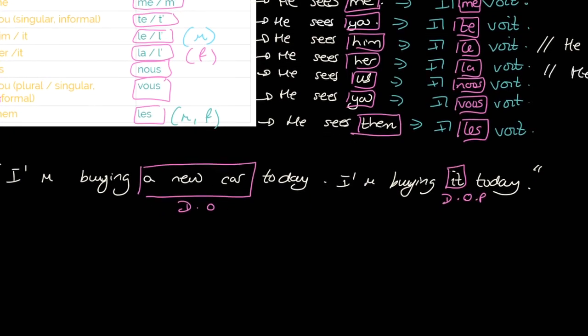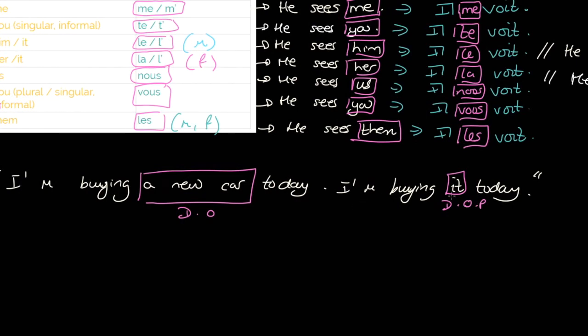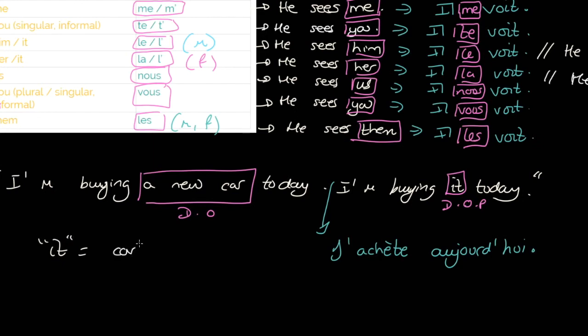So let's go to French. I'm buying it today. We'll just focus on this bit. So j'achète aujourd'hui. So my it, what's my it? Well, my it referring to a car. So it here is my car. In French, car is une voiture.